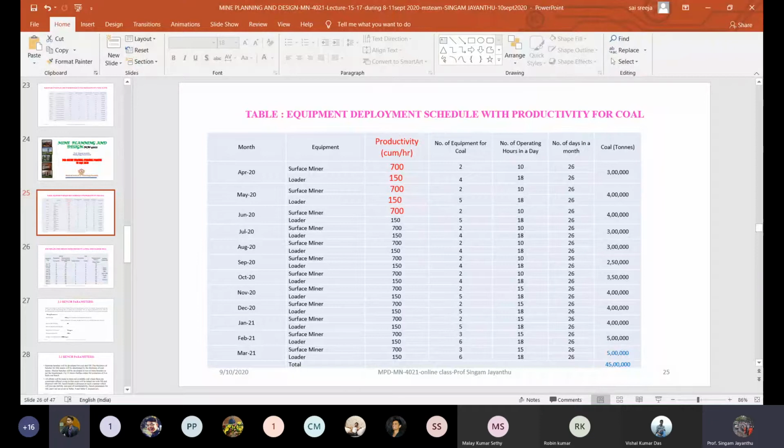At this moment, the very first slide, the equipment deployment schedule, is visible. Right, so I want to go to the next slide, but it is not changing. Meanwhile, instead of wasting time, you can discuss any queries on this.